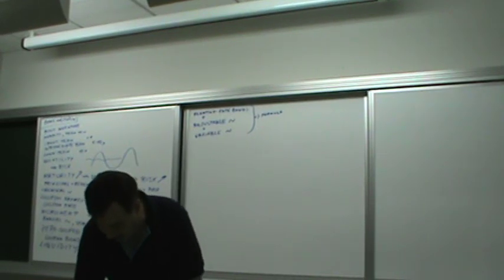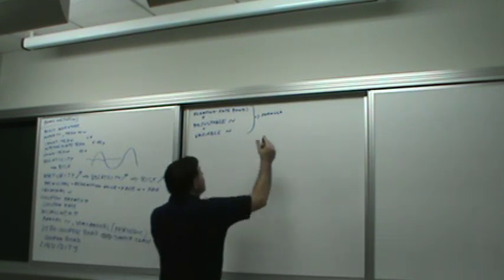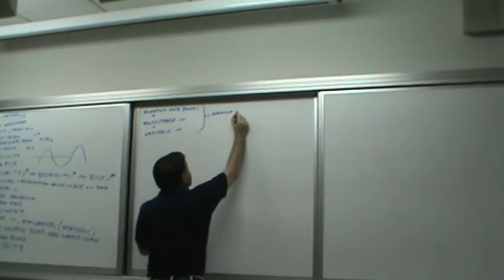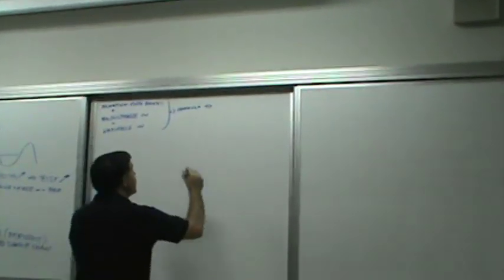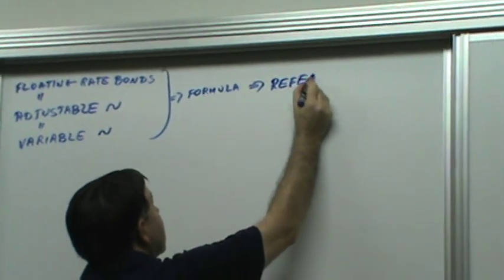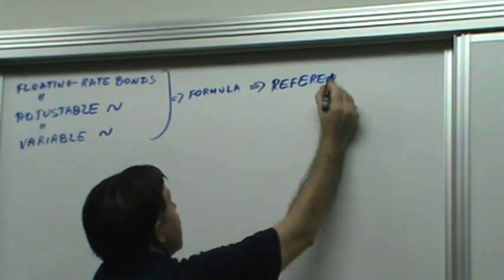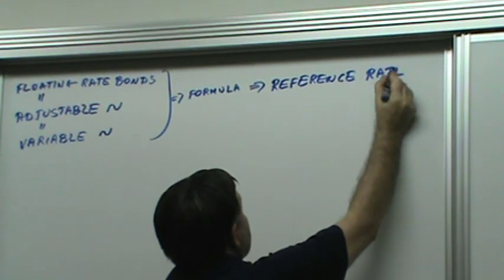We continue. So nominal face coupon. Formula. And the formula is the following. You always have what's called a reference rate.